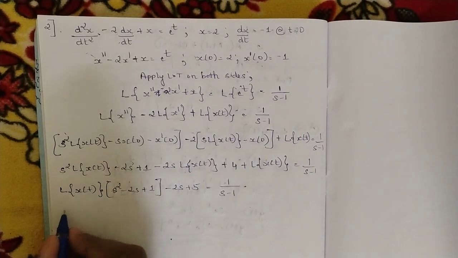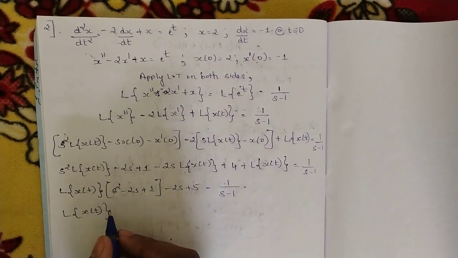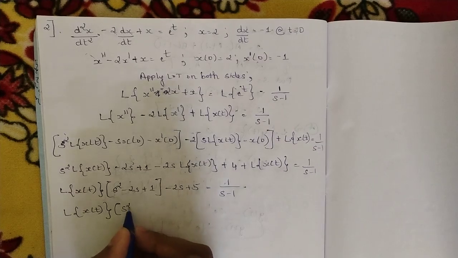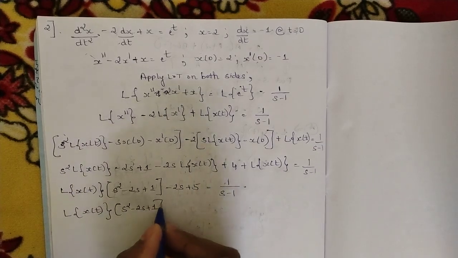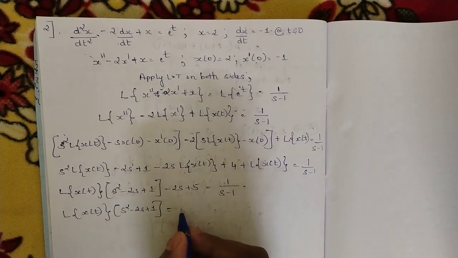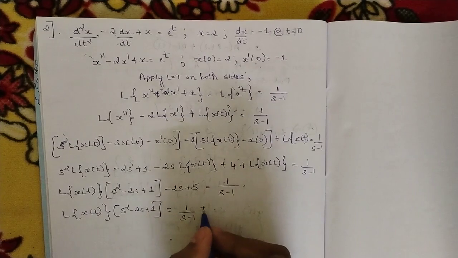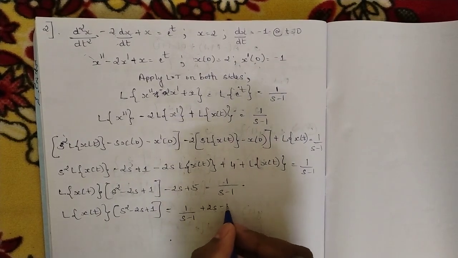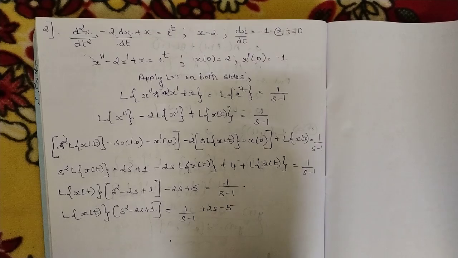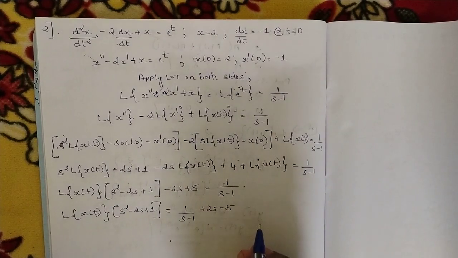So L of x of t into s square minus 2s plus 1 is equal to 1 by s minus 1 plus 2s minus 5. Okay, I've taken this minus 2s plus 5 to the other side, so it would be plus 2s minus 5.